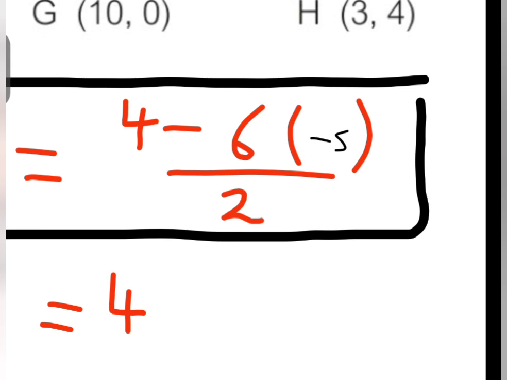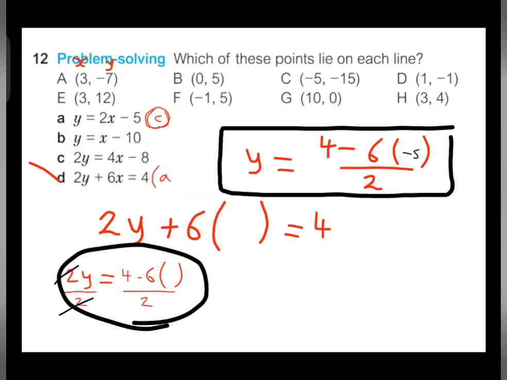It's going to be 30. 30 plus 4 equals 34. When you divide 34 on 2, you get what? 34 divided 2 equals 17. And here we have negative 15. It's not the same. So the point doesn't lie on the line. Let's check D, the last one.